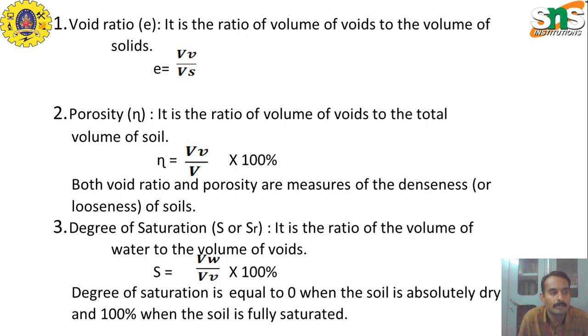Both void ratio and porosity represents the denseness of soil. If the void ratio is maximum, the soil is considered to be loosely packed or the density of soil is said to be very low. If the void ratio is very minimum, the soil is said to be densely packed or it possesses higher amount of density value.